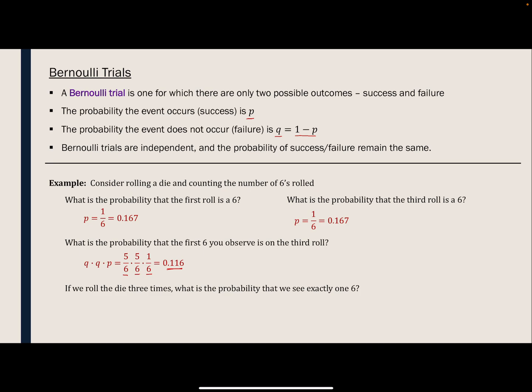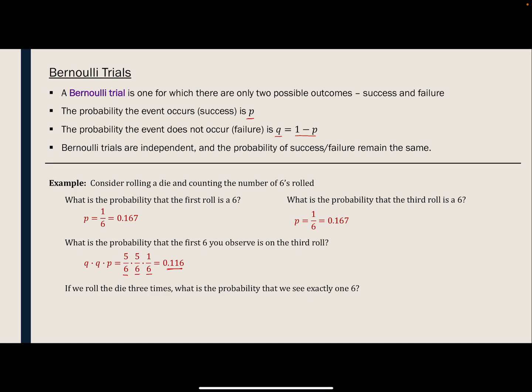The next question is different. It says, if we roll a die 3 times, what's the probability that we see exactly one 6? Notice that in this case, we have no idea when we're going to see that 6. Is it on the first roll, the second roll, or the third roll? We don't know, so we have to include all of those calculations.